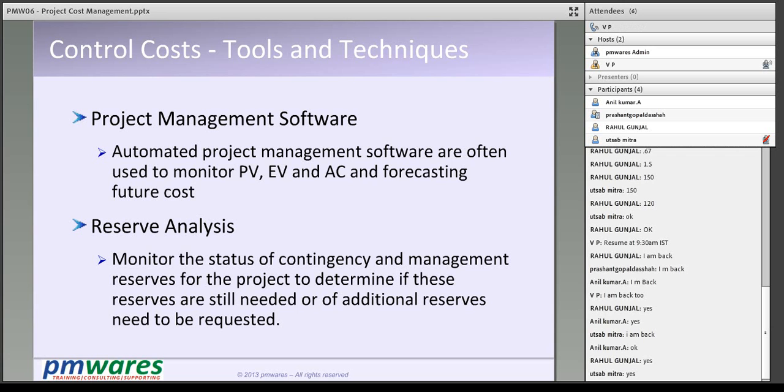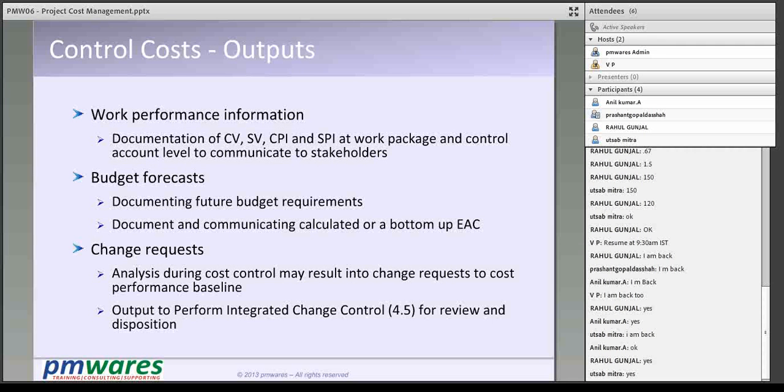We can keep doing our reserve analysis also, seeing how much contingency reserve we have consumed. We can provide the work performance information. We can do a budget forecast, how much more or how much less we are going to spend. Because of that, we may have to create a change request.